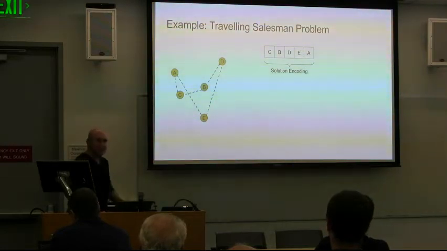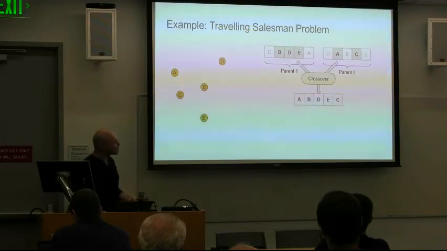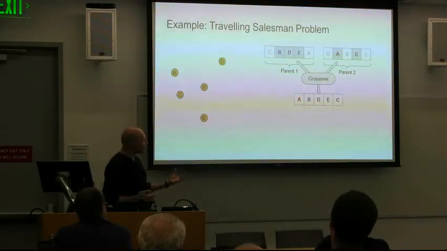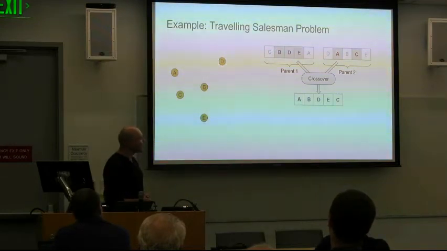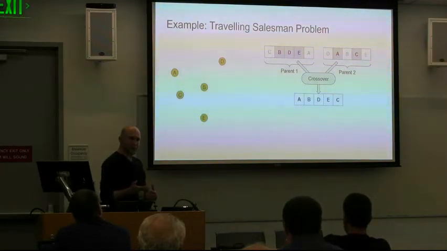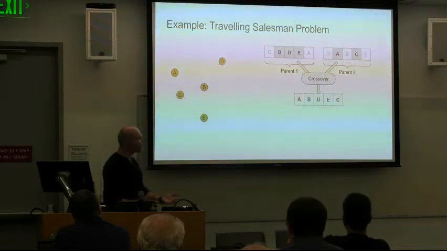And the next part, and this is going to get straight to the crossover thing, is how do we combine two solutions into one solution? And this is the crossover operator. This is one example of the crossover operator which is specific to this problem and specific to this encoding. But in general, crossover is, as was pointed out, sexual reproduction. We have two parents producing one offspring.